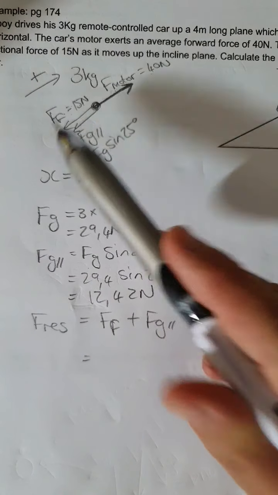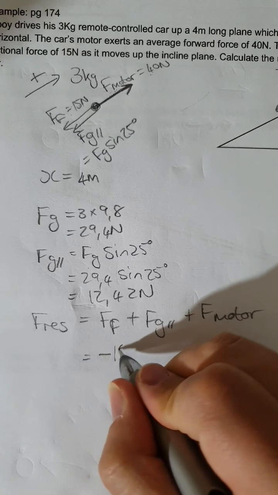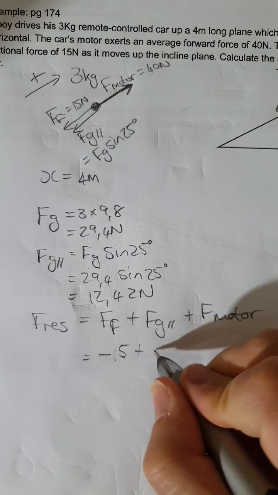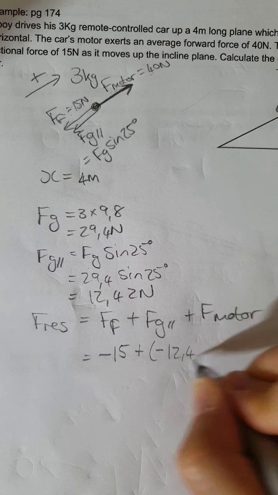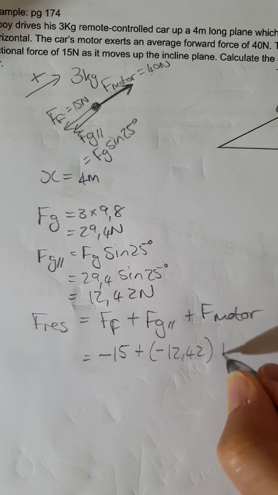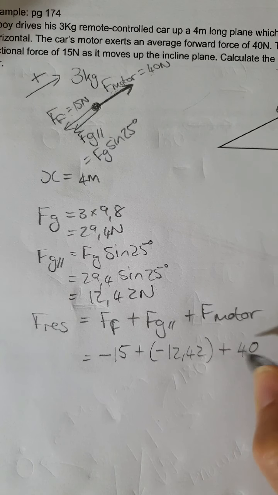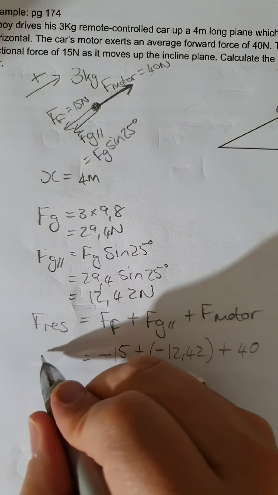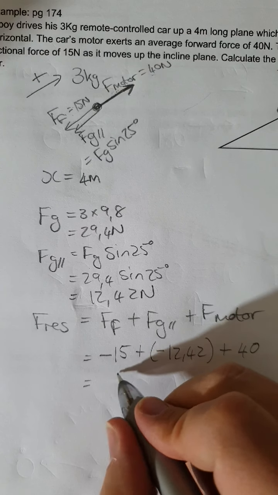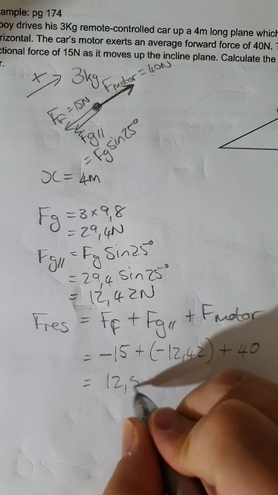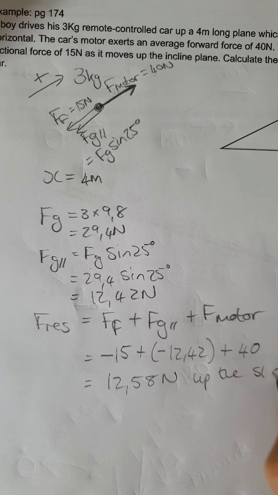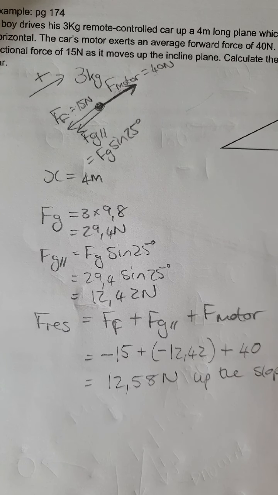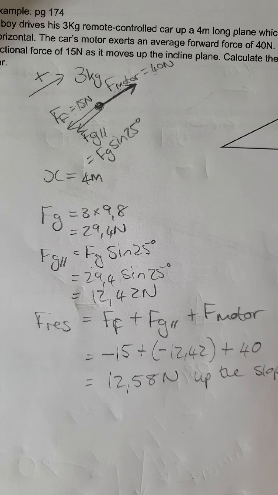Friction is acting down the slope, so friction would have to be minus 15 plus a minus 12,42 and plus 40. 40 is positive, so I can keep it there like that. And this works out to 12,58 newtons up the slope. So that is our resultant force.